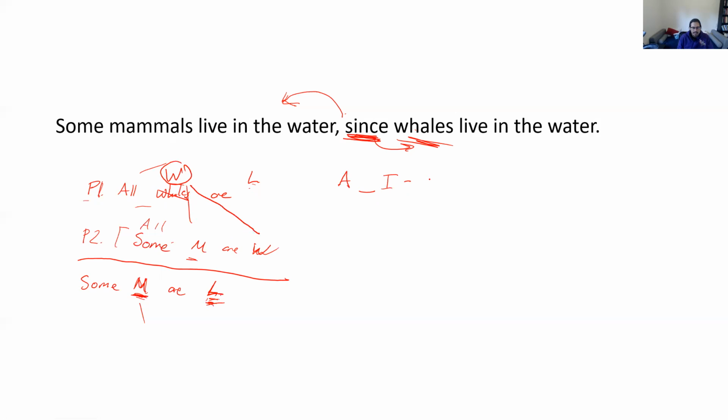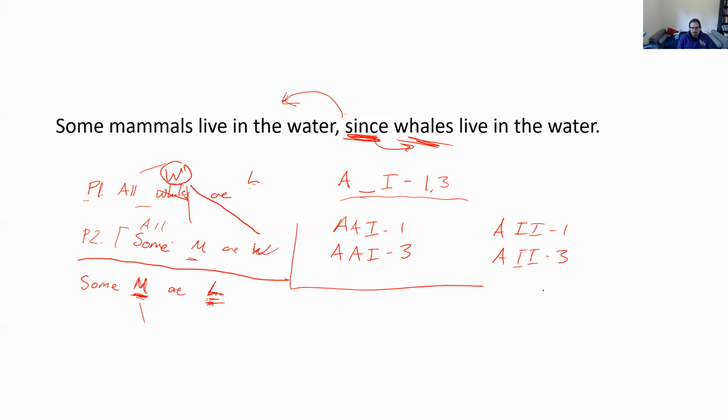So this is either A, blank, I, 1 or 3. Literally every version of that is fine. In other words, AII-1, AII-3, AAI-1, AAI-3. All four of these would have been valid ways of interpreting this argument.